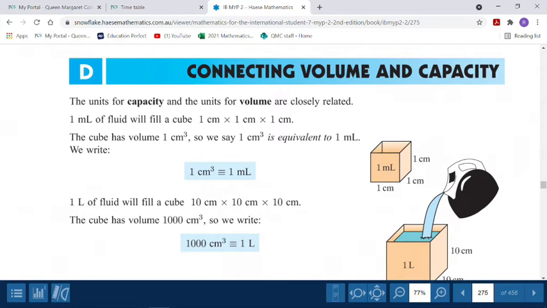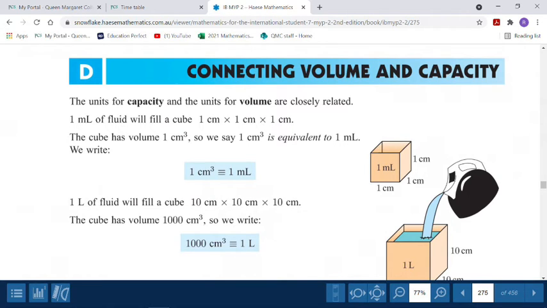But capacity is measured in liters. But they do have a relationship, and you need to know that relationship. Now, this is not negotiable. You must know this relationship, at least this first one. The others you can get from other ones. So, okay, but this first one you have to have.